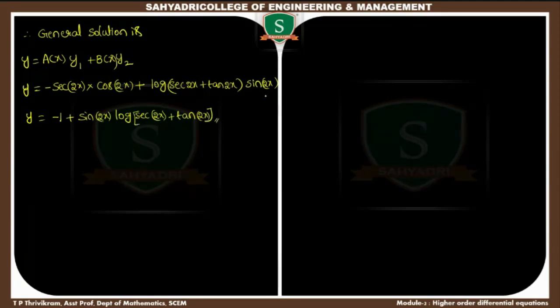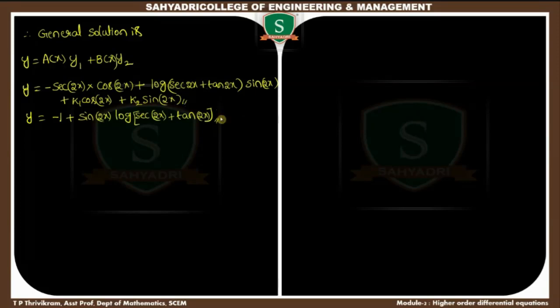K1 and K2 you can write here as plus K1 cos 2x plus K2 sin 2x. That's it.